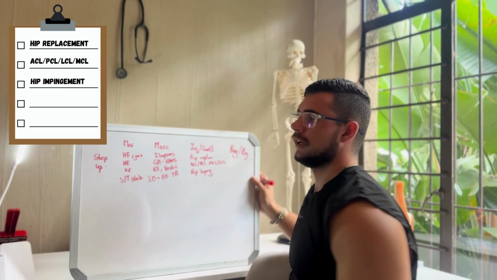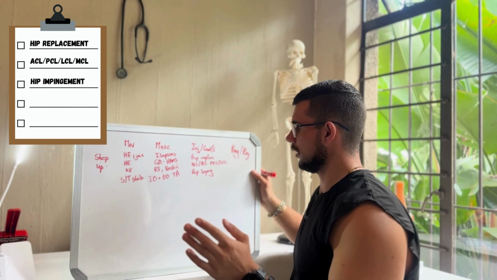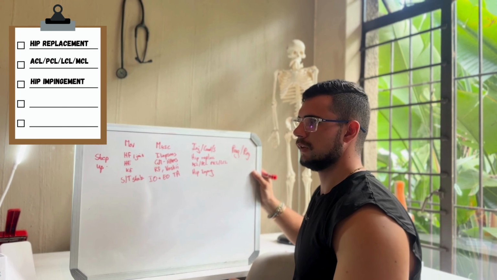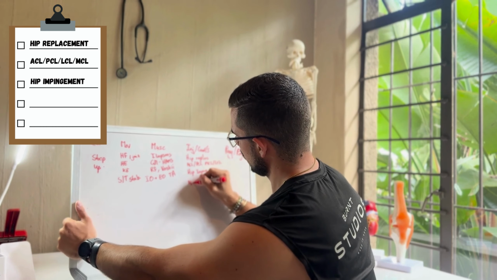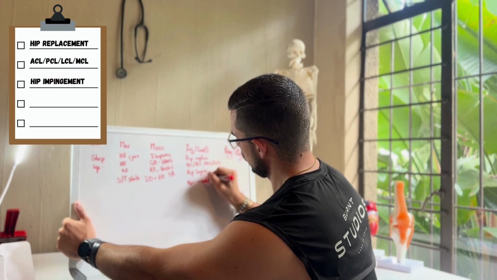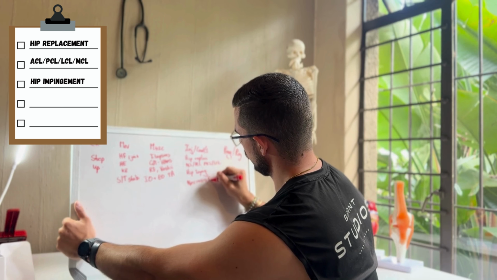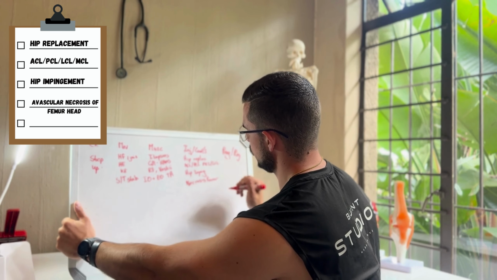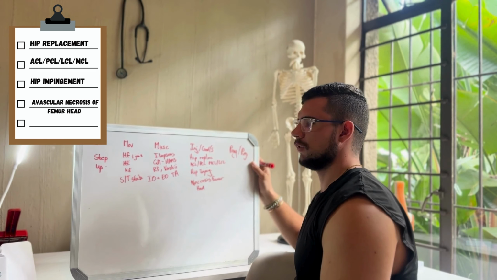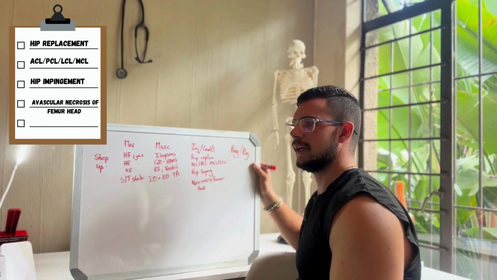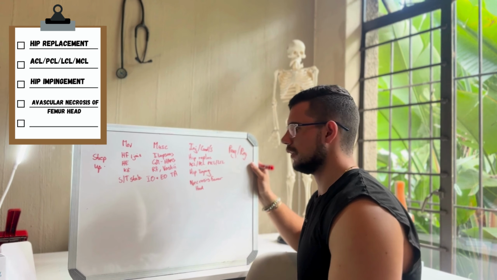Then there's a condition whose name I'm not going to say, or I will try, but it is effectively necrosis of the femur head, where there is lack of blood flow to the femur, and there's breakdown of bone tissue. You can use it for that as a mechanism of bone loading as well.